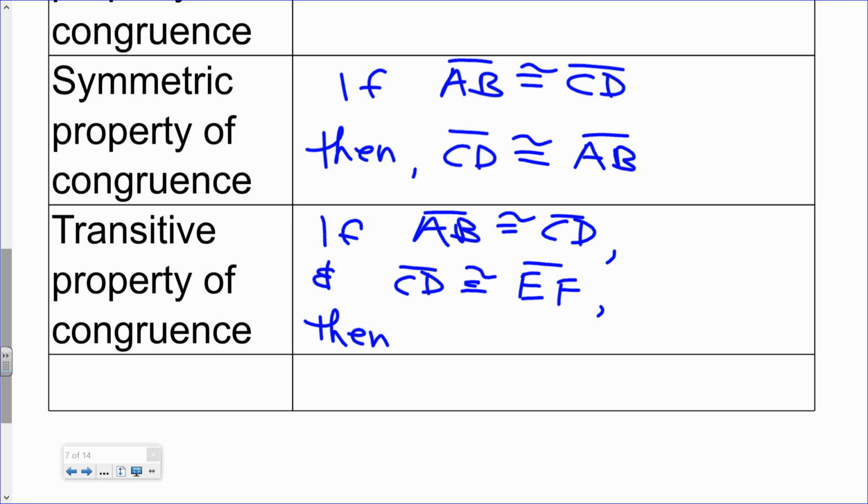Then what? Look, you guys. AB and CD, CD and EF. Then I can say AB is congruent to EF. Right? Look at this. Like a chain.